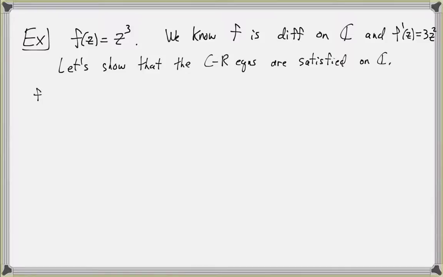If I write f and its components, I can write z is x plus iy. So x plus iy, the quantity cubed, will equal x cubed minus 3xy squared plus I times the quantity 3x squared y minus y cubed.